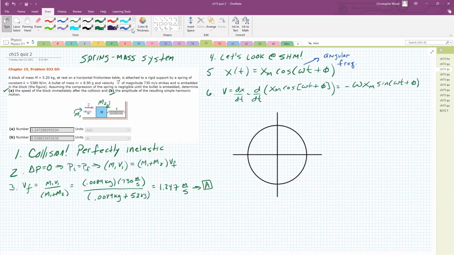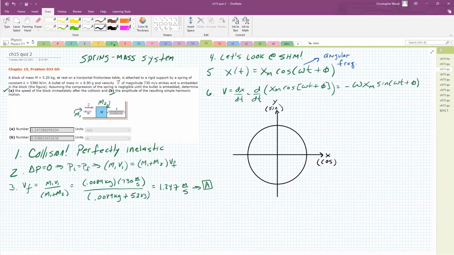This is the x-axis, but in terms of the unit circle, we're going to refer to this as the cosine axis. That's my cosine axis. This is the y-axis, but in the unit circle world, we refer to this as the sine axis.